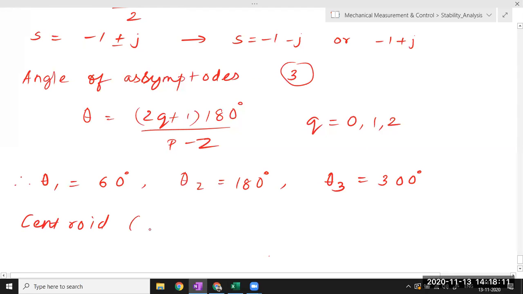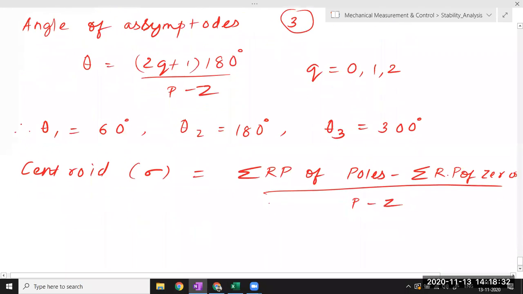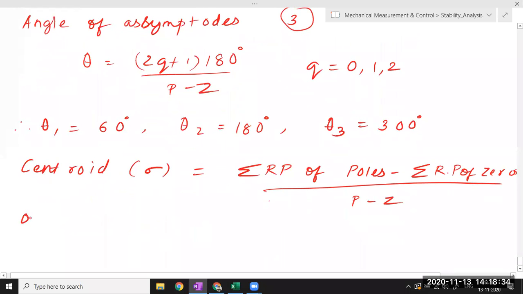Centroid is given by sigma. Do you remember the formula of centroid? Summation of real part of poles minus summation of real part of zeros, upon p minus z. Just recall what are the poles that we have. One pole is 0, one pole is minus 1 plus j, one pole is minus 1 minus j.